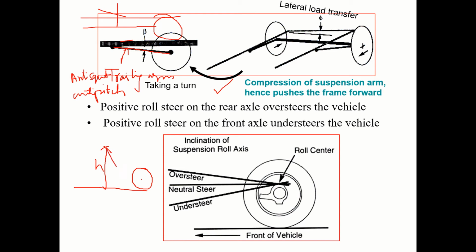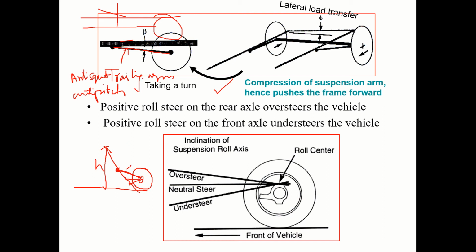Then you join this point. I said you can connect this bar on this imaginary line, any point to the frame. So either you can connect like this, or like this, or like this. Correct? These are anti-pitch bars.